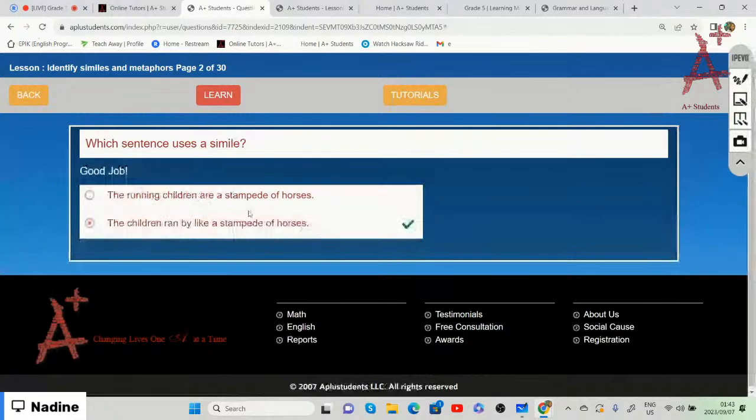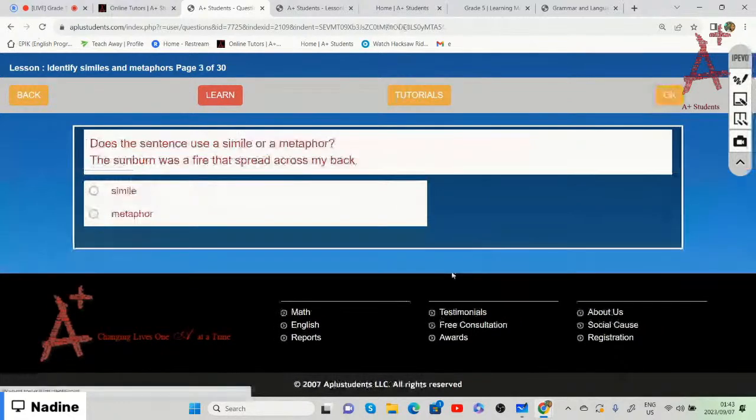All right. And remember we said that is a simile because of the word like. Similes have words like or as. So now we need to say, does the sentence use a simile or a metaphor? The sunburn was a fire that spread across my back.